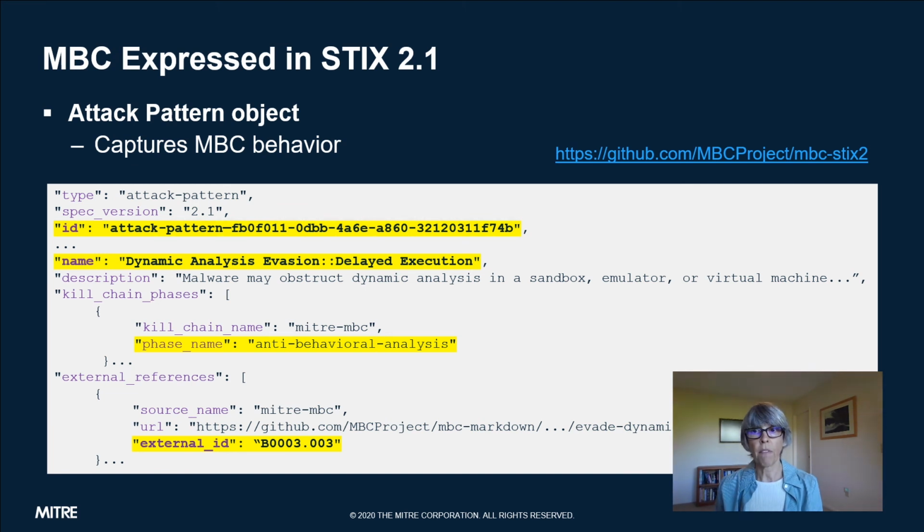The phase name of a kill chain, also highlighted up there, corresponds to the objective or tactic, as ATT&CK would say. And then the identifier is defined as a property of an external reference. And the content is available in the MBC-STIX2 repository on GitHub, and I put the link there where you can get that content.